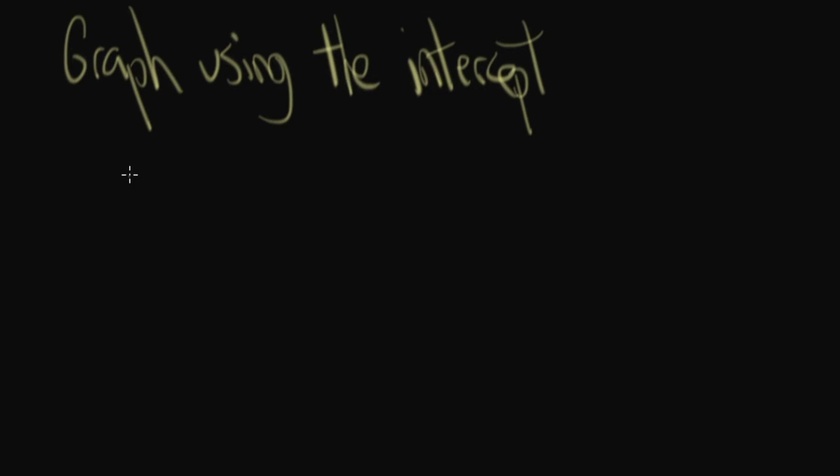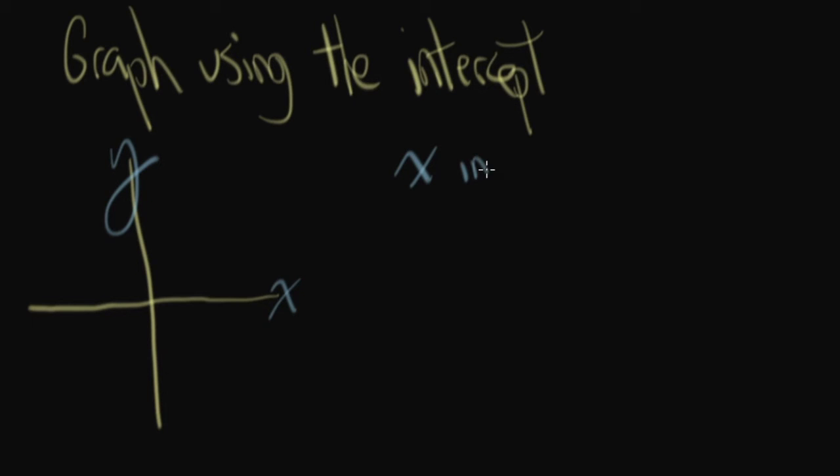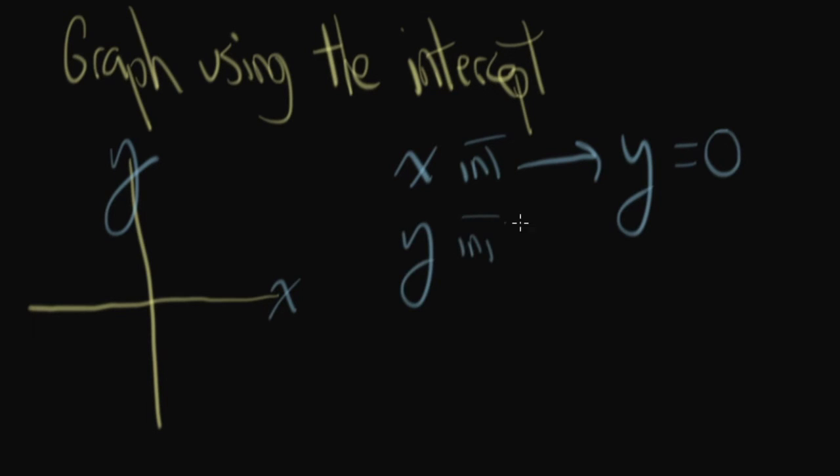So first off, we got to make sure that we know what the x-intercept is and the y-intercept. You might already remember what that is, but you have x and you have y. The x-intercept is when y equals 0, and the y-intercept is when, you guessed it, x equals 0.